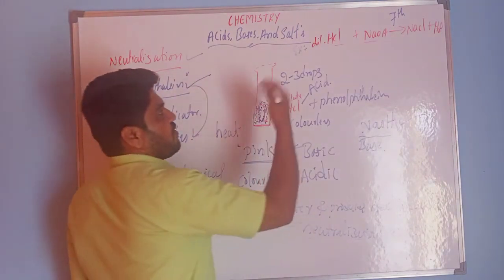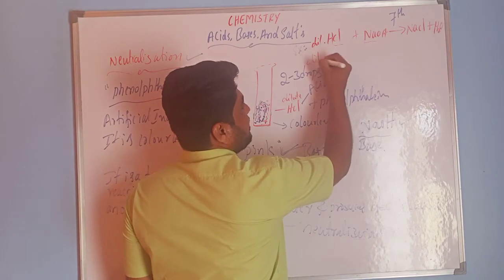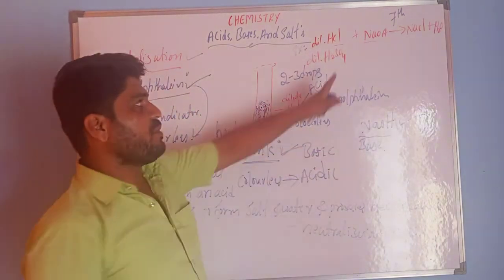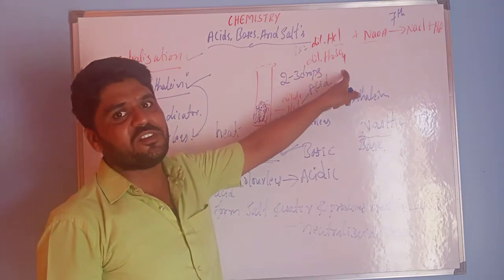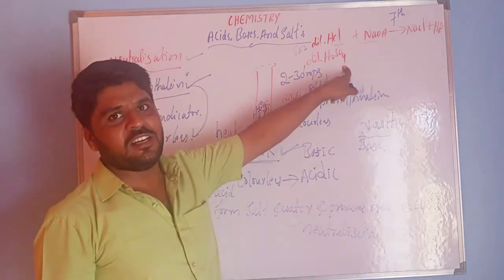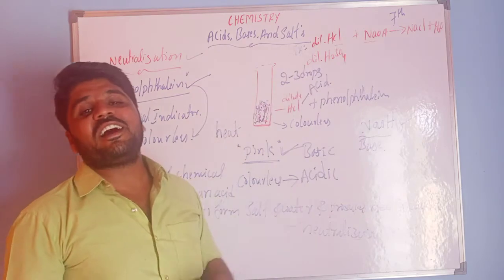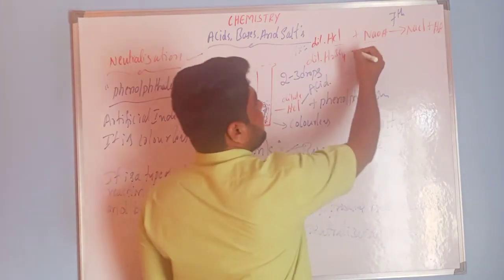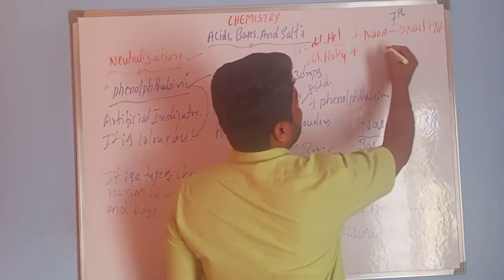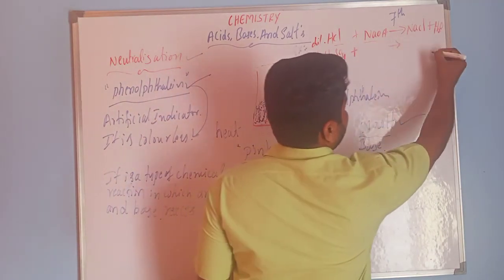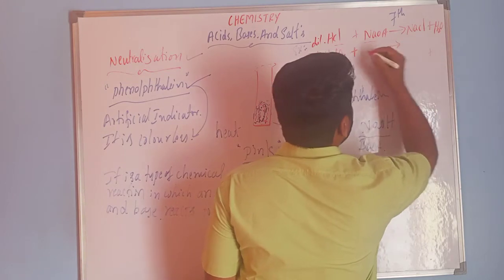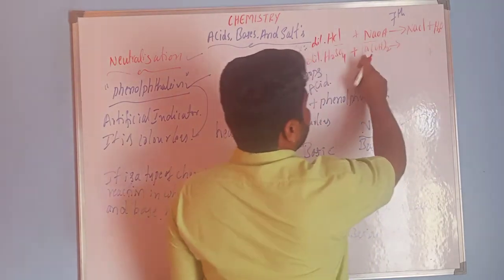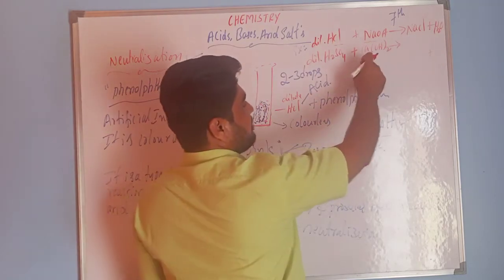Okay, so one more example. That is dilute H2SO4, that means this is sulfuric acid. This sulfuric acid reacts with a base. You can take any base. Here also you get water. Calcium hydroxide is a base, lime water.